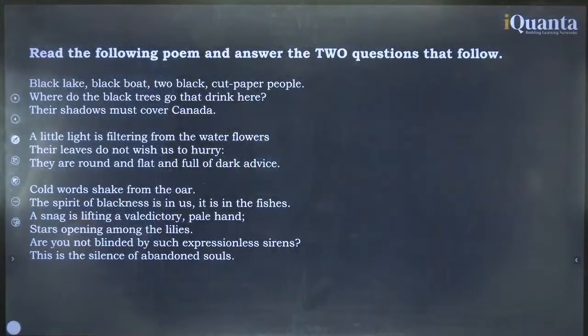So here we have one poem, which you have to read, and then discuss two questions that will follow. I'm giving you 2 minutes to read the poem, absorb it, and then we'll go to the questions.